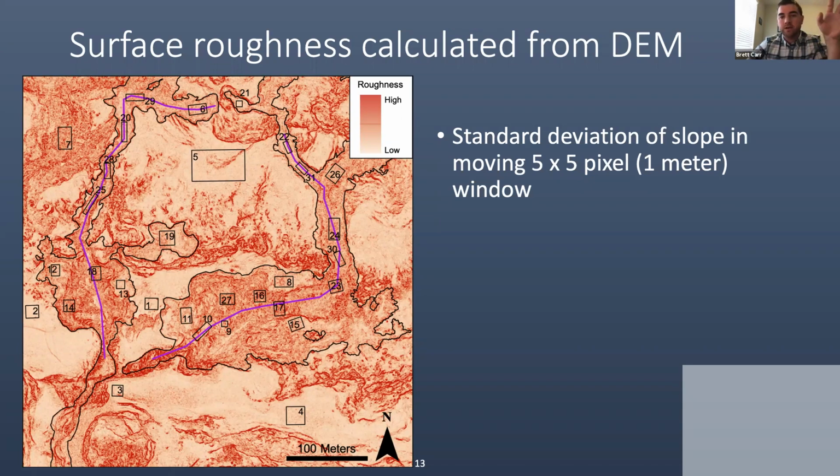Actually looking at the roughness map itself, just a few things to point out. You can see that tephra is the smoothest surface. Tephra area is very smooth. The lava is in general rougher than the tephra. The pahoehoe sections have both relatively smooth and relatively rough segments.